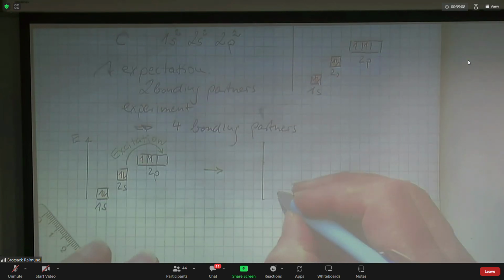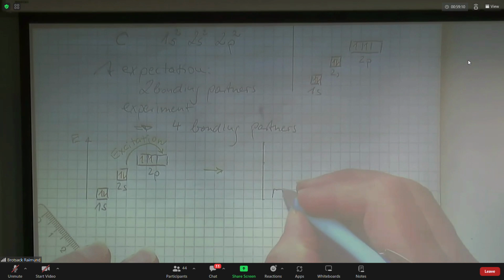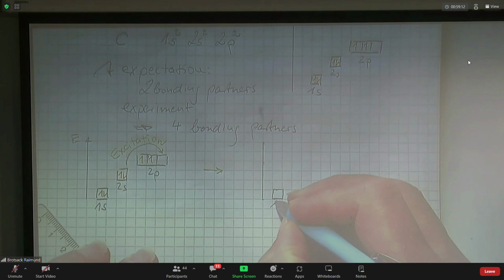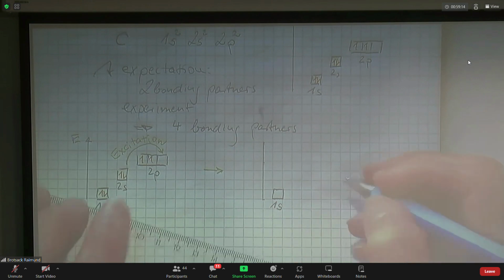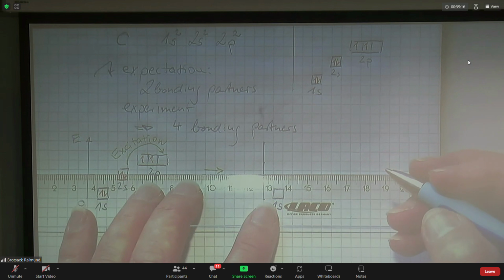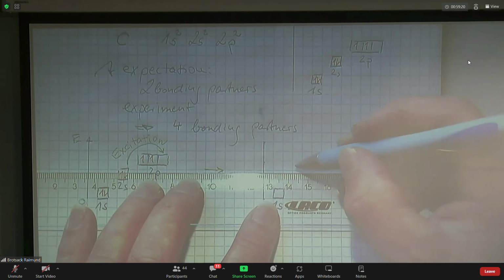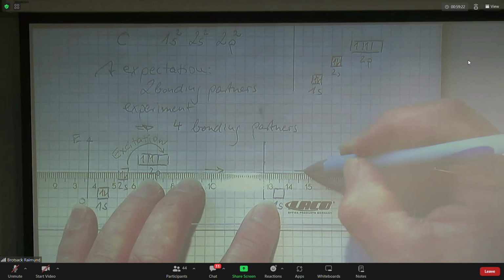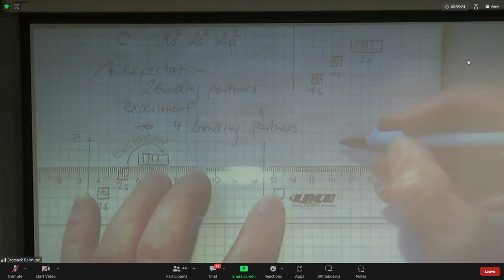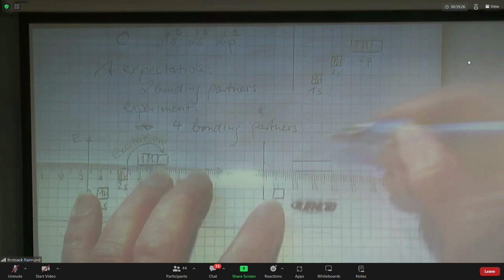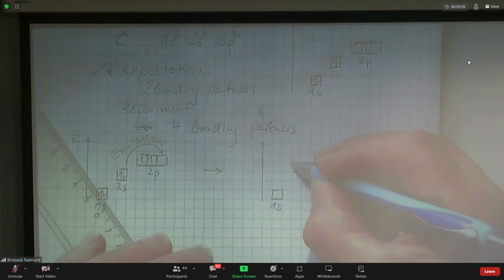The 1s is not touched. And now the new orbitals, we have 4 of them now, are on the same energetic level in between 2s and 2p.